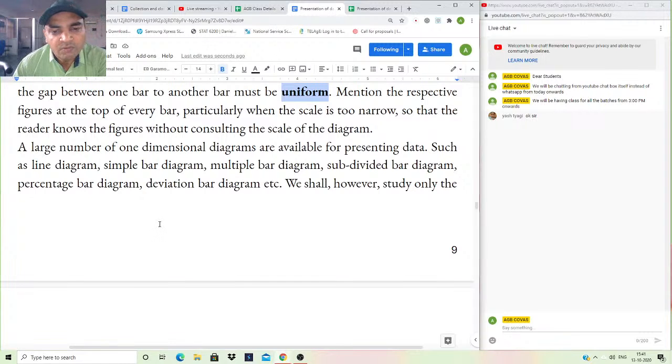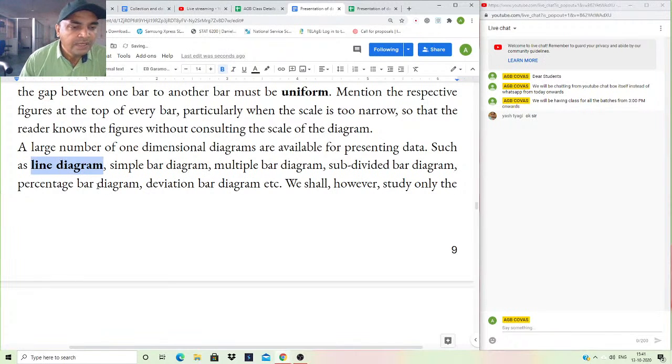so a large number of bar diagrams are available, such as line diagram, simple line you can use, simple bar diagram, multiple bar diagram, subdivided bar diagram, percentage bar diagram, deviation bar diagrams, etc. Okay, so there are so many. Okay, so for our reference, we will be studying some of them, not all.